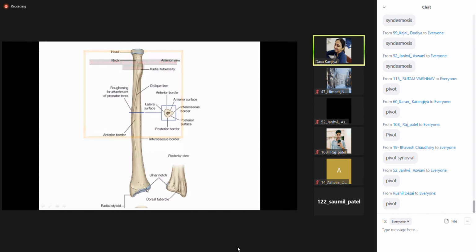On the inferior surface, it articulates with two carpal bones, which include scaphoid and lunate. So there are two articular surfaces on the inferior aspect of the radius. Then on the radius there is the radial styloid process. Right?